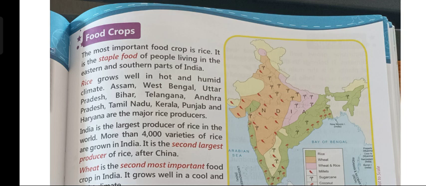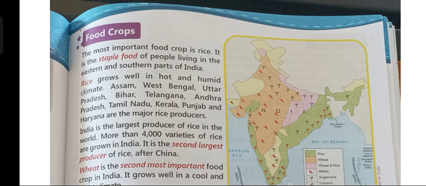The most important food crop is rice. It is the staple food of the people living in the eastern and southern parts of India. Rice grows well in hot and humid climate. Assam, West Bengal, Uttar Pradesh, Bihar, Telangana, Andhra Pradesh, Tamil Nadu, Kerala, Punjab, and Haryana are the major producers of rice.